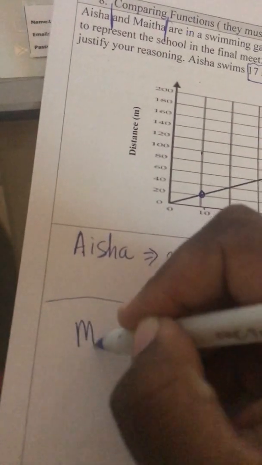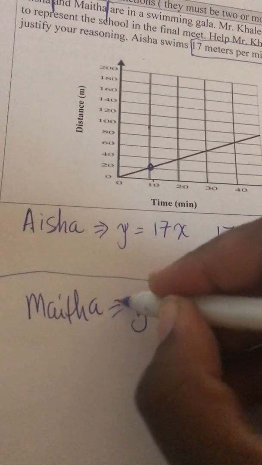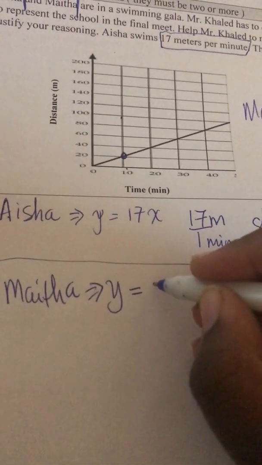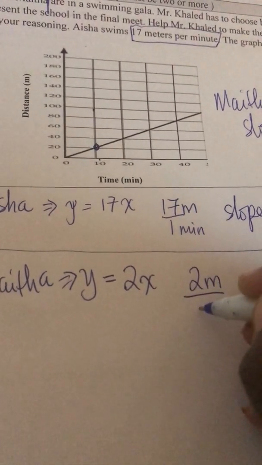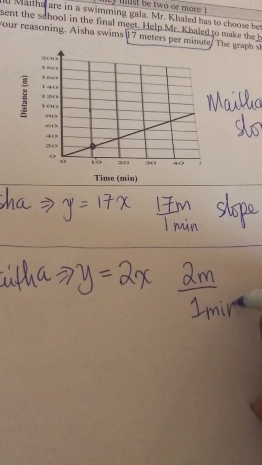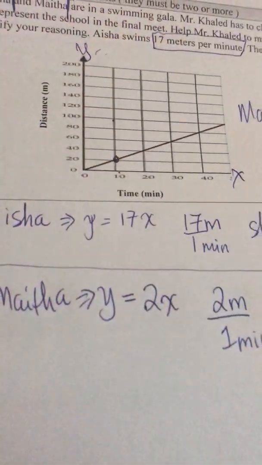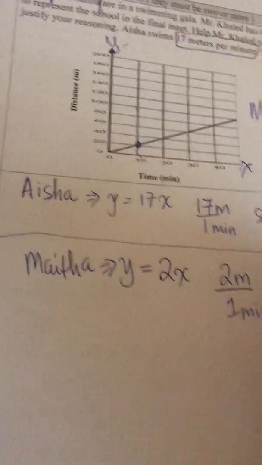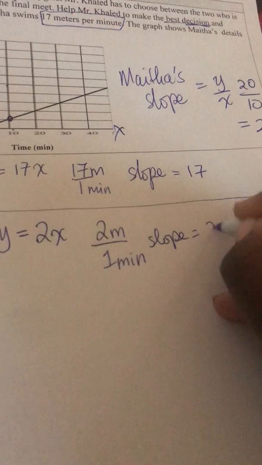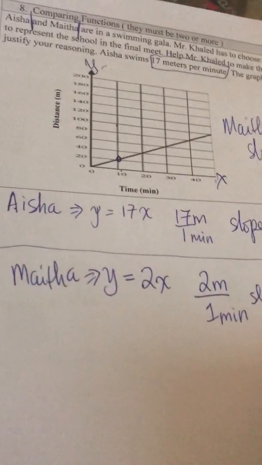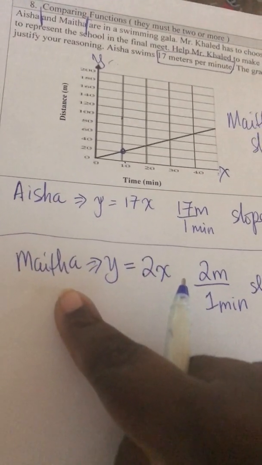So Maitha is y equals 2x. That means 2 meters per minute. This is my x, this is my y. Okay, so her slope is 2.